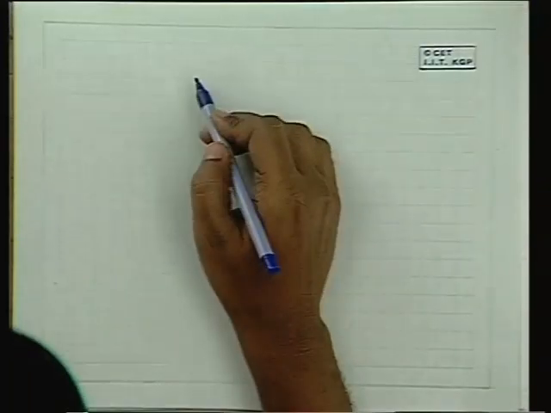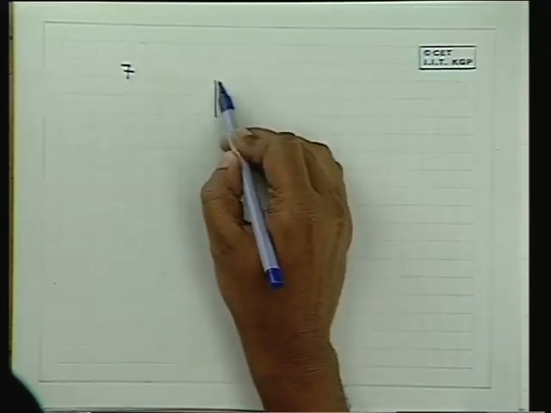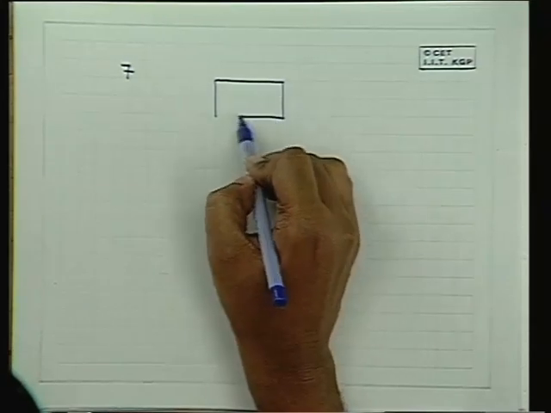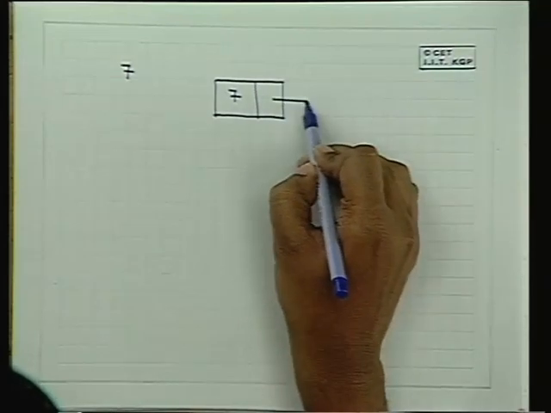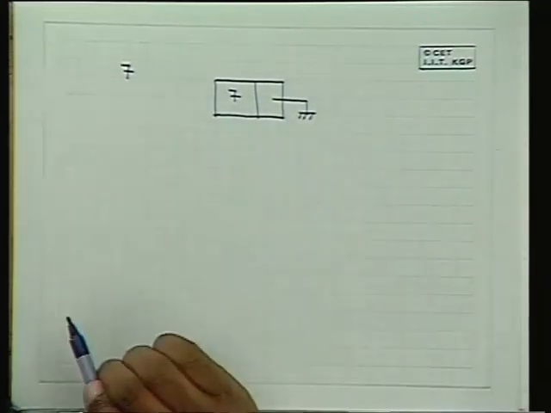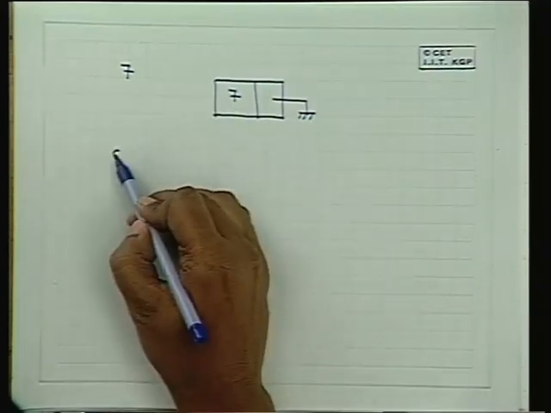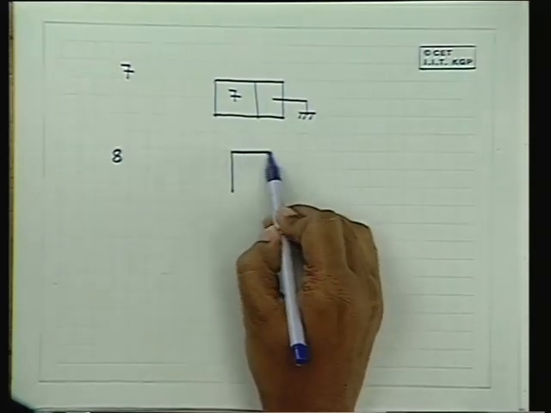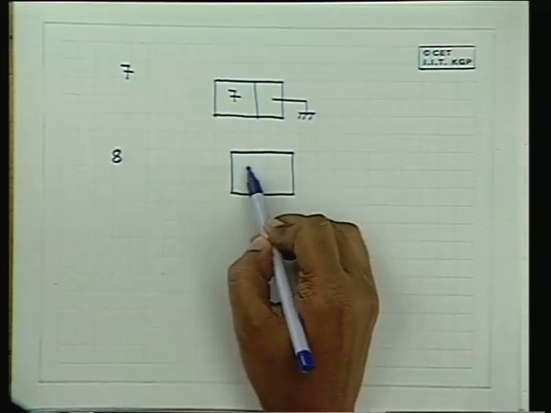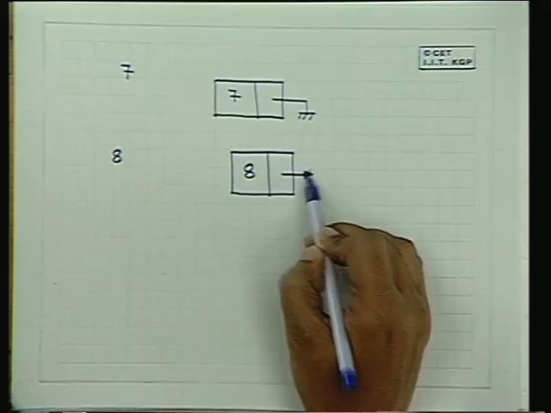So once we are able to design such a structure, suppose we read in the first number 7, then we will dynamically allocate a structure like this, put the data value 7 and put this to be null. The next item which is read, suppose it is 8, then we will allocate another piece of data, make this 8, and we have two options here.